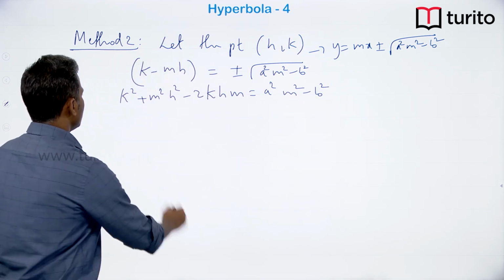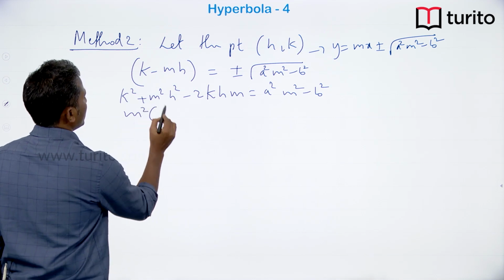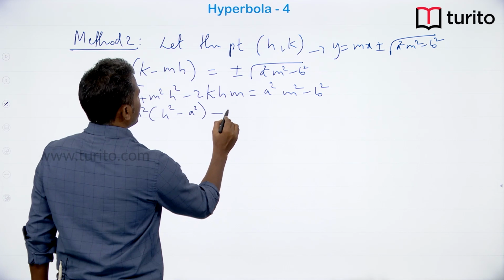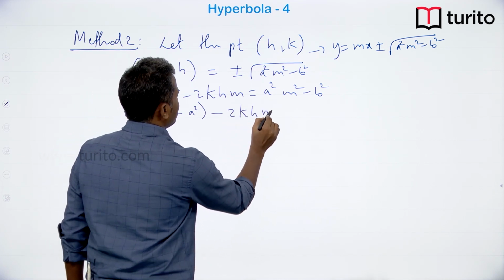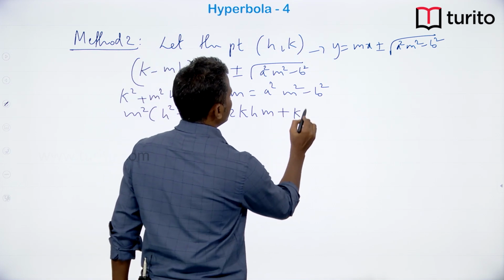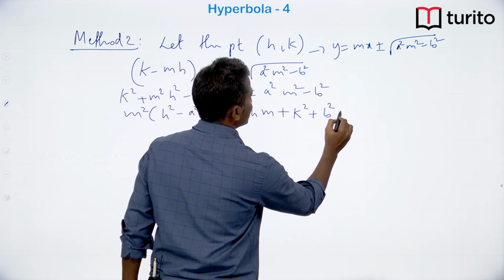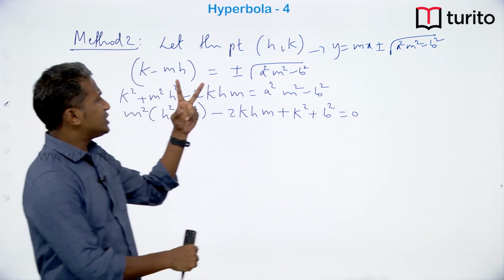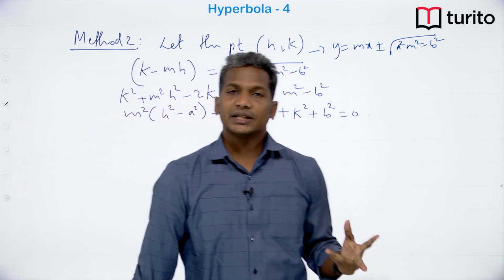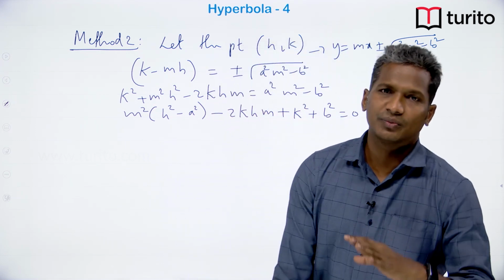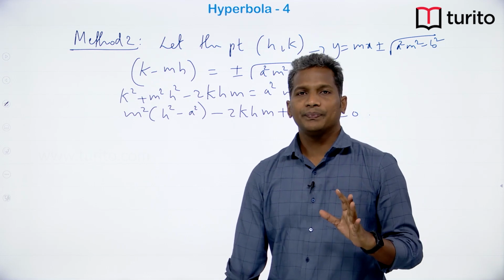Now take m square together. So m square into h square minus a square, minus 2khm, there is only one linear term, and then the constant term, which is k square plus b square, equal to 0. Now we want these two tangents to be perpendicular. That means we want the product of slopes to be equal to minus 1.